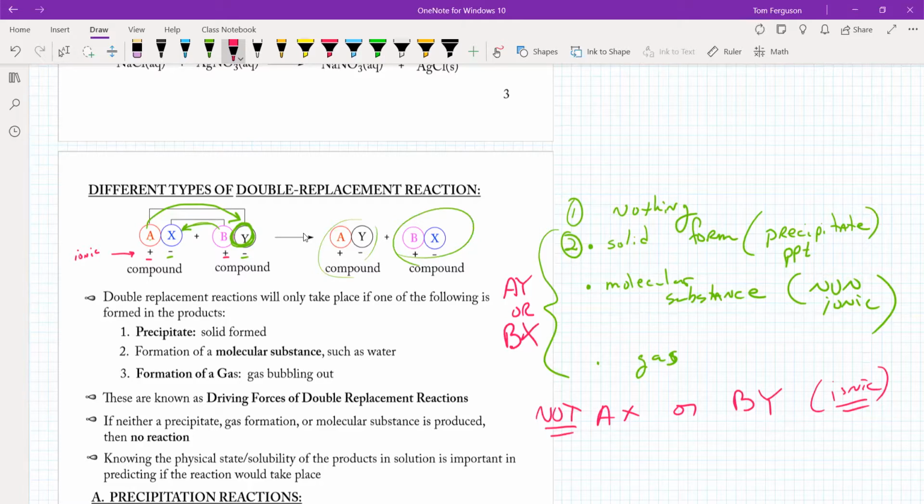But when we do the swap with the anions, something may happen or nothing may happen.